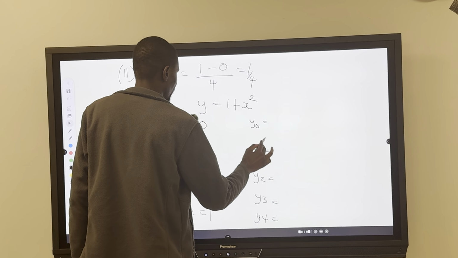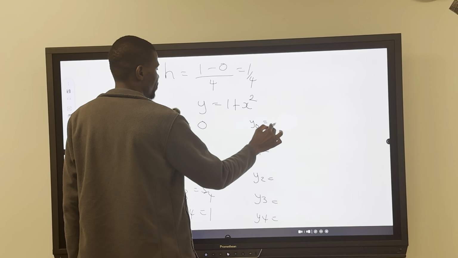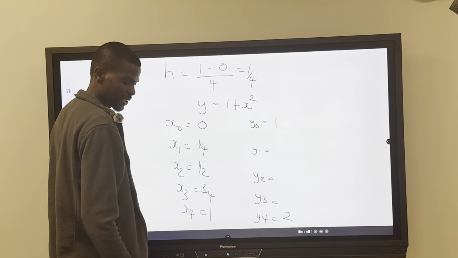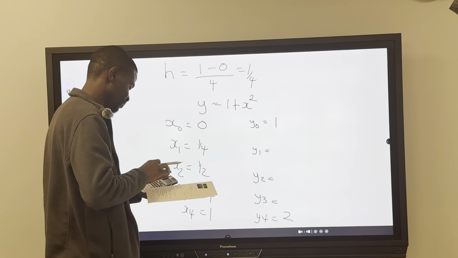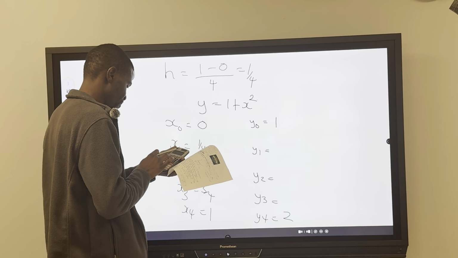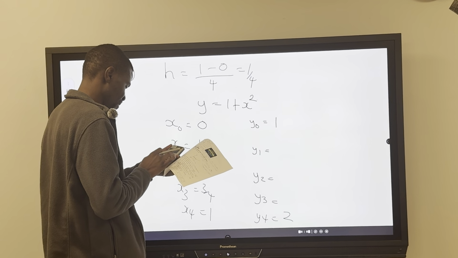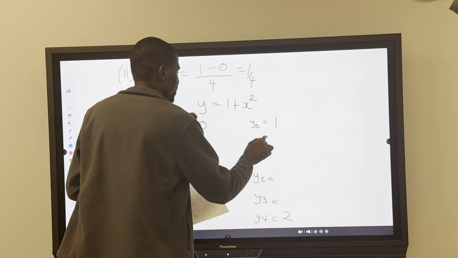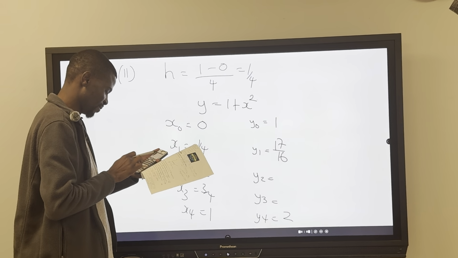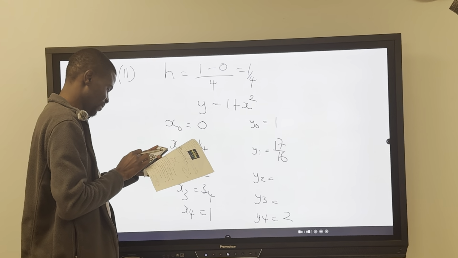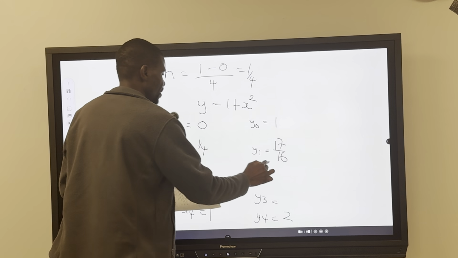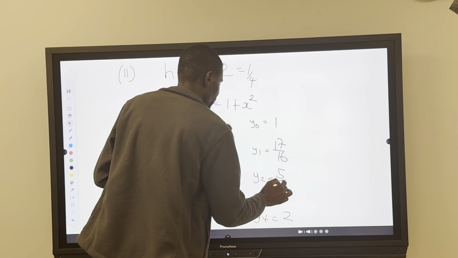So here for y0, if we put 0, it's just 1. Here if we put 1, it's 1 plus 1, that's 2. Okay, so now let's calculate. If we say 1 plus 1 over 4 squared, I'm getting 17 over 16. 1 plus 1 over 2 squared, I'm getting 5 over 4.